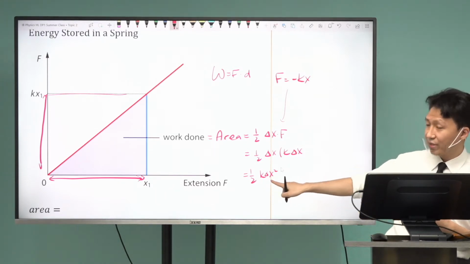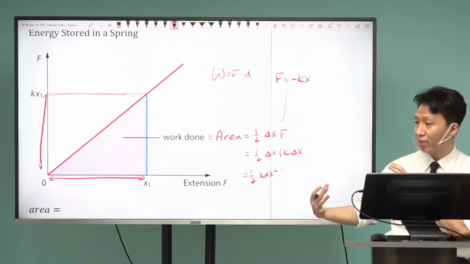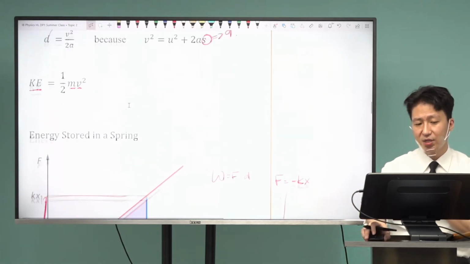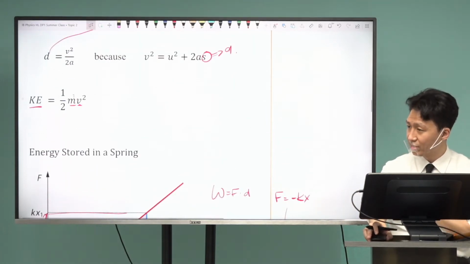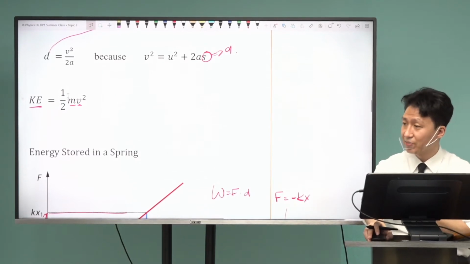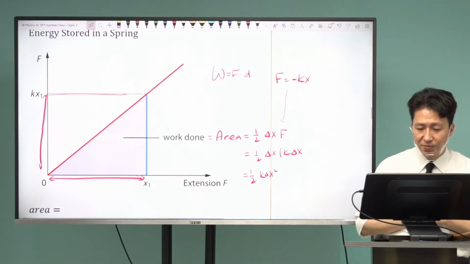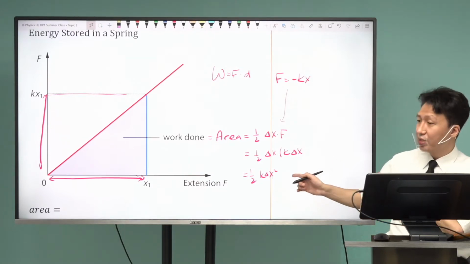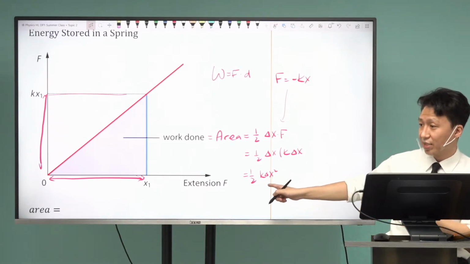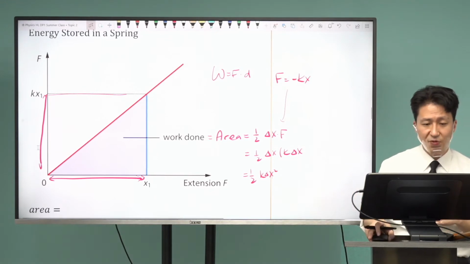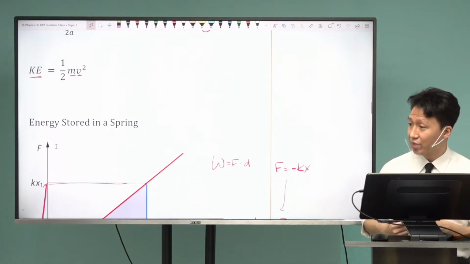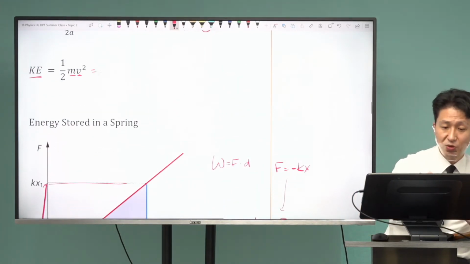See this? 1/2 kx squared is almost in the same format as the kinetic energy, 1/2 mv squared, right? And they're very similar. The only difference is, of course, k has different units, and x has different units. Before, 1/2 mv squared has to be the same units as joules, right?